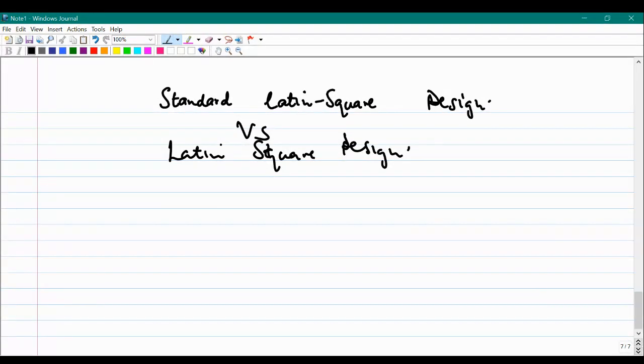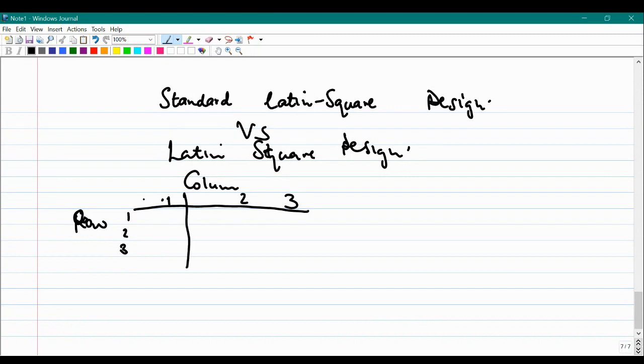Let's differentiate the two. Suppose we have rows 1, 2, 3 and columns 1, 2, 3. Suppose we're given this problem.